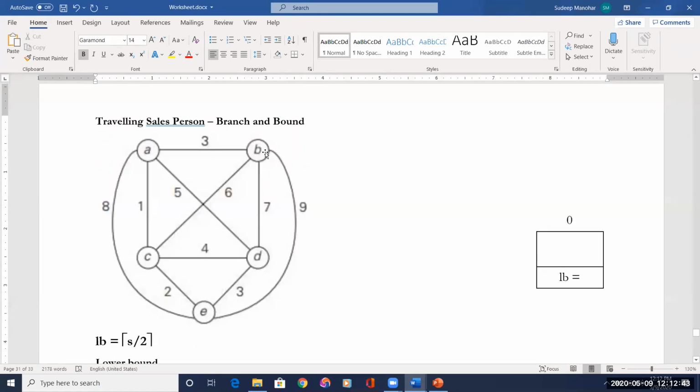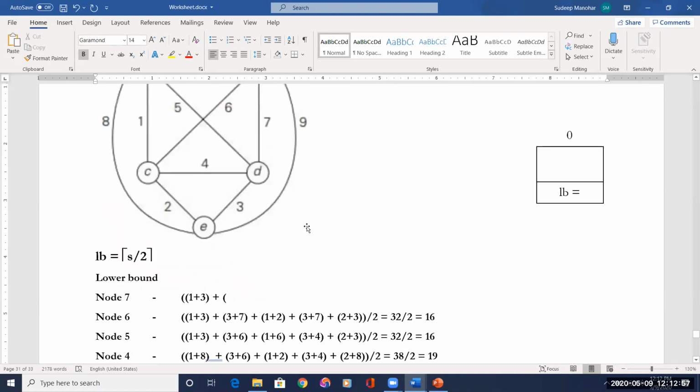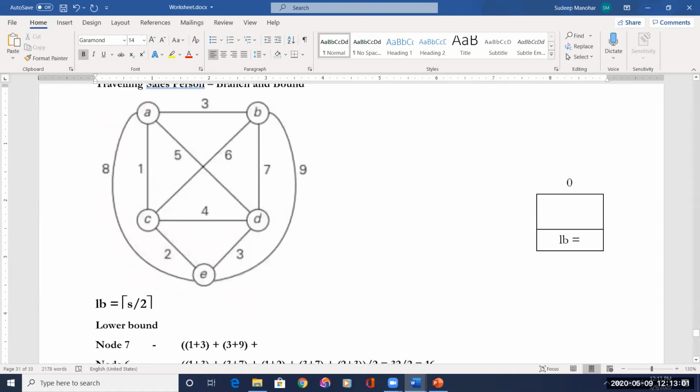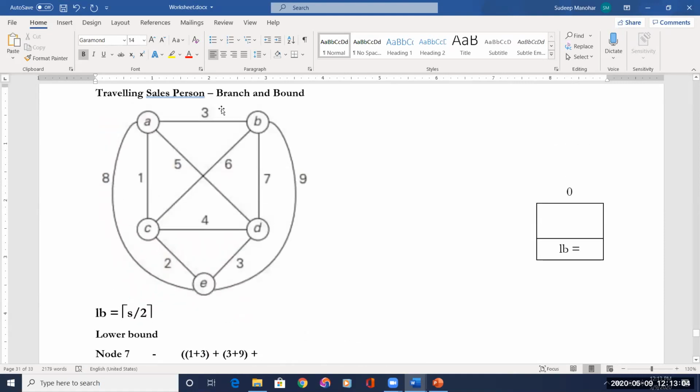For B, you have to consider 3 and 9 because 3 is minimum. This you are supposed to consider 9. So both edges are to be considered and both are compulsion. 3 plus 9. For C, these two edges don't make any effect. Therefore, it is 1 plus 2 itself.